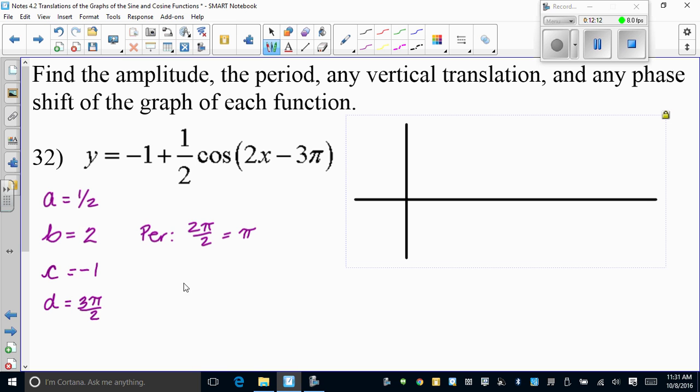So this is going to be 0 is less than or equal to 2x minus 3 pi. But to make life easier on us, let's go ahead and make this one in degrees so that we can do these. And this one is 540 degrees.